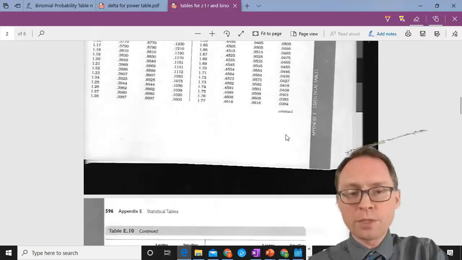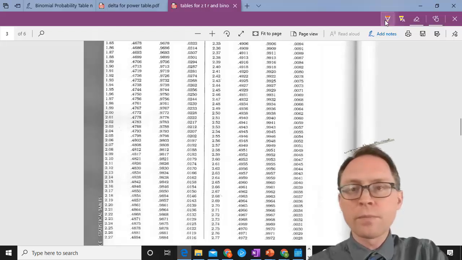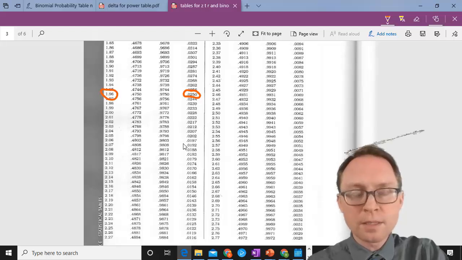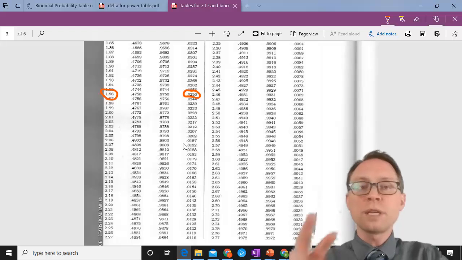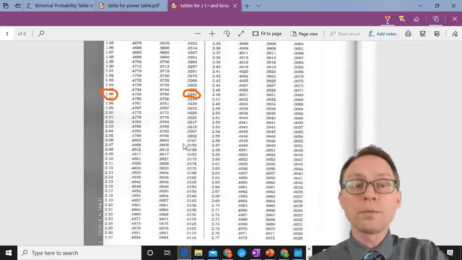When we look up 0.025, we find it right there. That is a z of 1.96. So the critical value for a two-tailed test for z is 1.96 or negative 1.96.